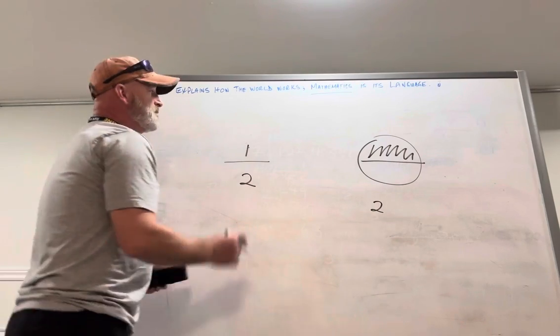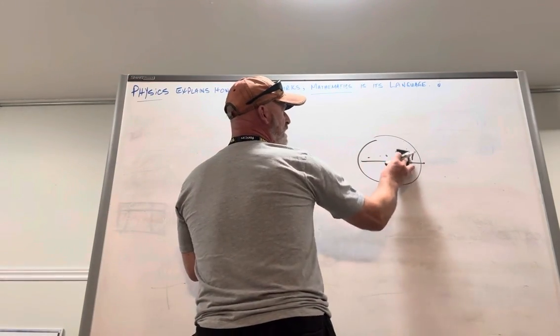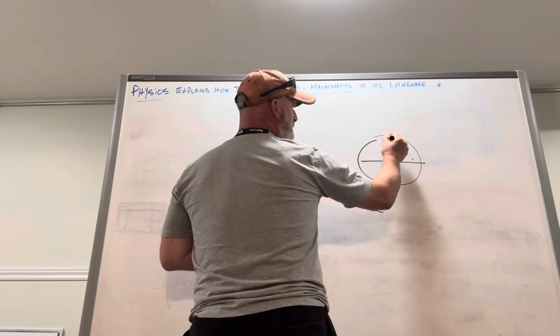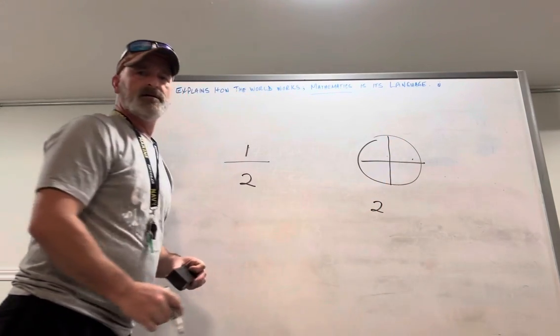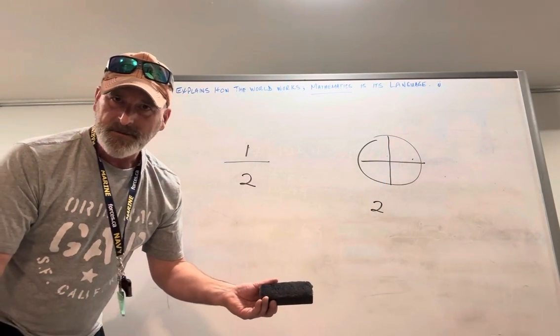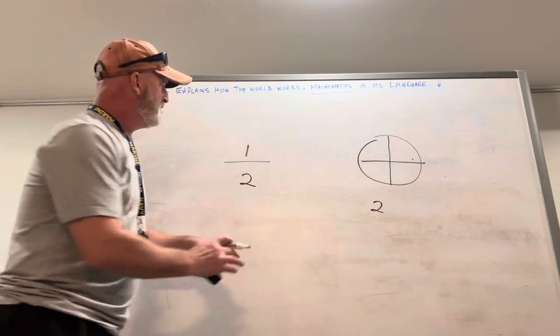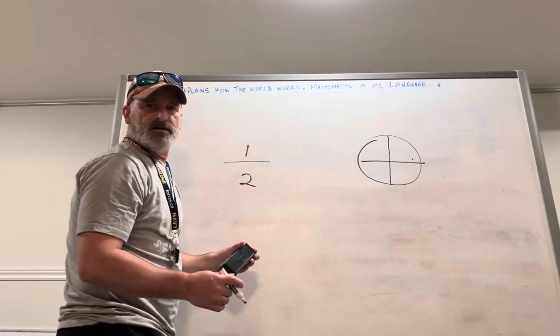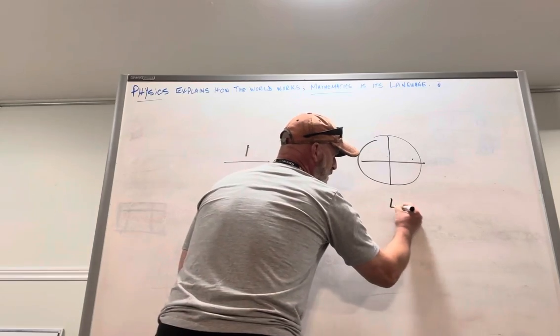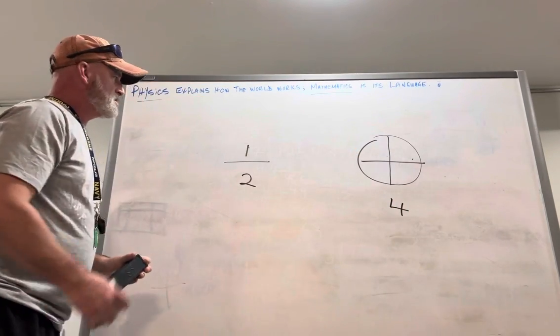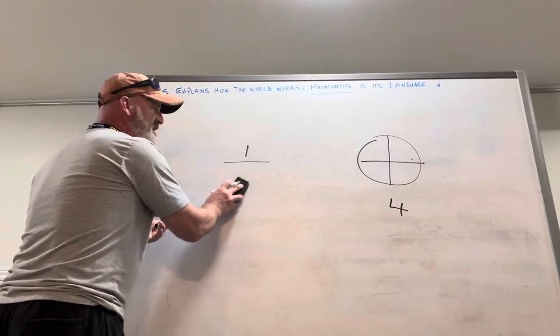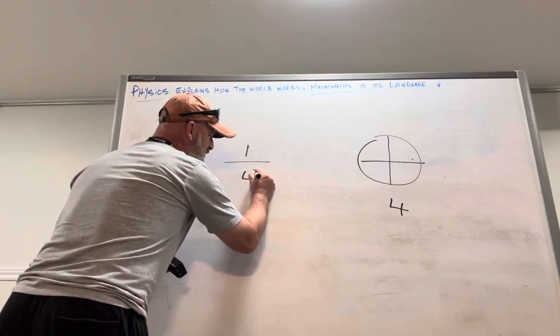That's it. Now, here's some fun stuff. What happens if I do that? It's the same piece of pie. It's the same pizza. But how many pieces are there? In total, there's 4. So that denominator can't stay at 2 anymore. It has to be 4.